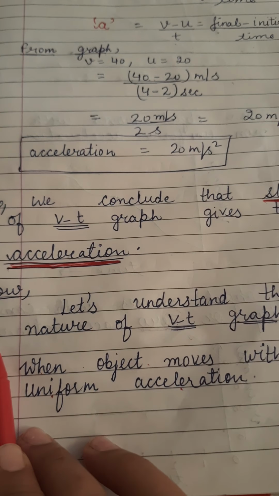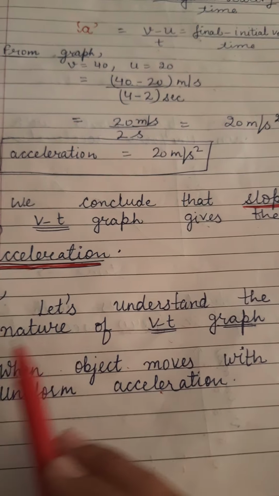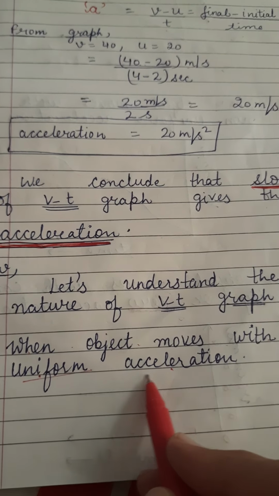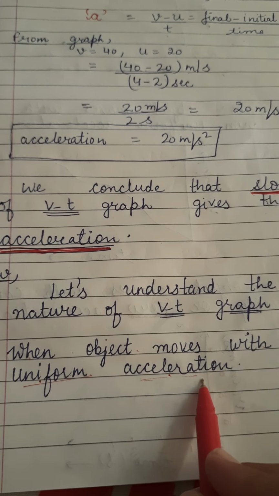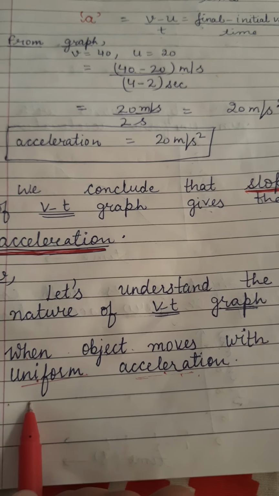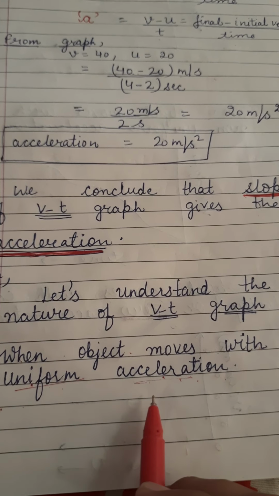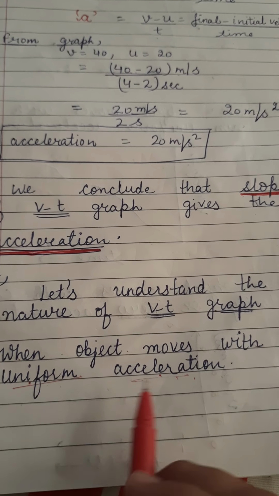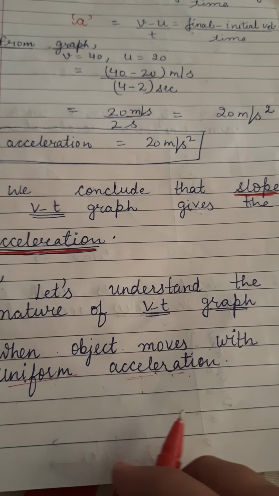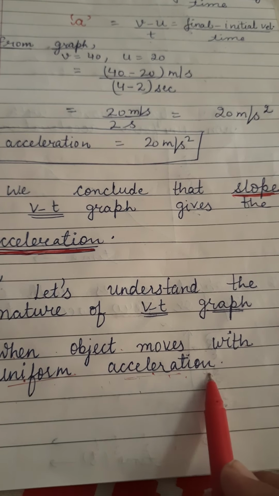The first case is, as we have done in distance time graph also, when object moves with uniform acceleration. Here we have used the word acceleration, but in case of distance time graph we have used when object moves with uniform speed. But because the slope of distance time graph gives us the value of speed, but the slope of VT graph gives us the value of acceleration.